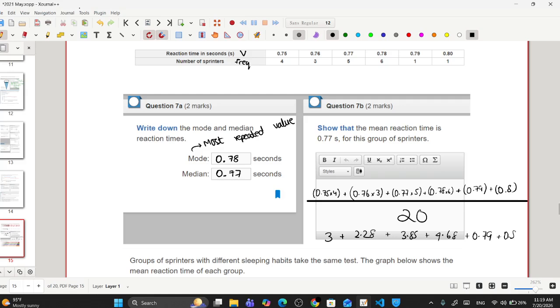The entirety of this gives us a value of 20. So solve for the mean and tell me, is it definitely equivalent to 0.77? Yes or no?